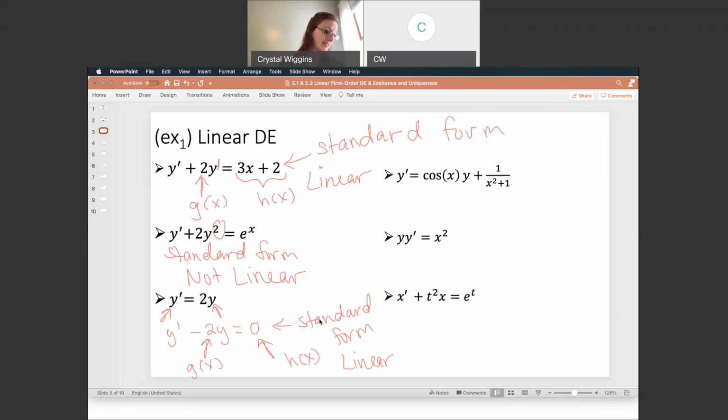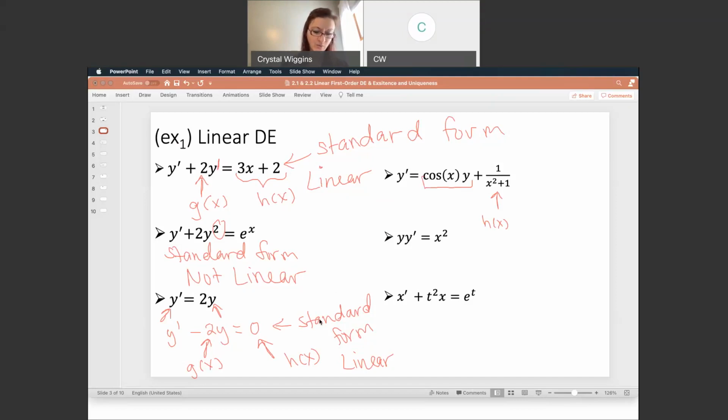Moving on to the next example. So first, let's put this in standard form. Okay, so I can see that this is h of x. It is a term that just has the x variable. And this piece here is the term that has the y, so we need to move that to the other side.